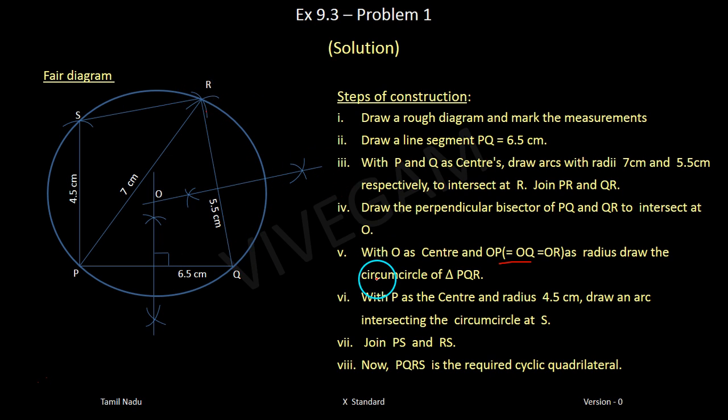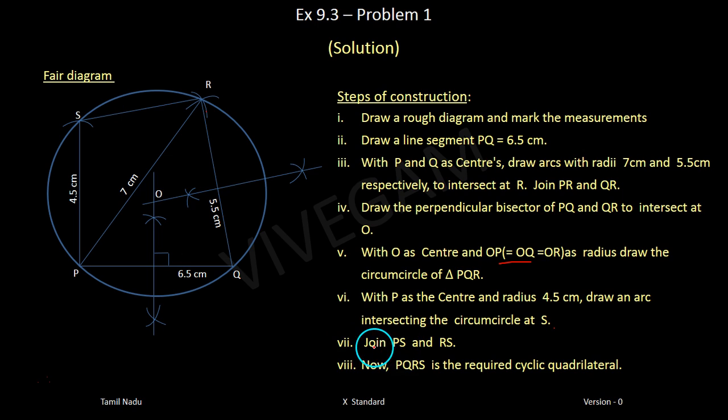Next, we know it's a cyclic quadrilateral. So with P as a center and radius of 4.5 centimeter, draw an arc intersecting the circumcircle at S. Because the fourth point has to be on the circle, because it's a cyclic quadrilateral. So draw an arc cutting the circle, and that point is S.